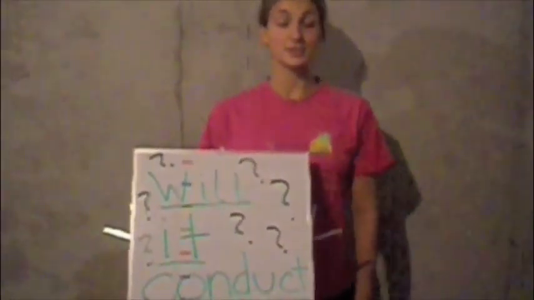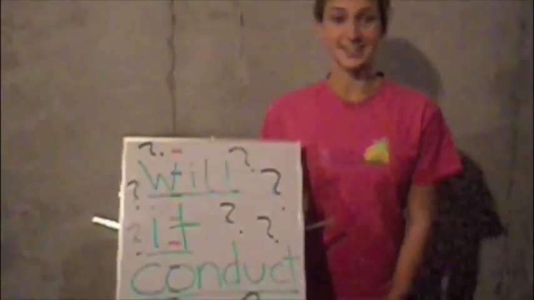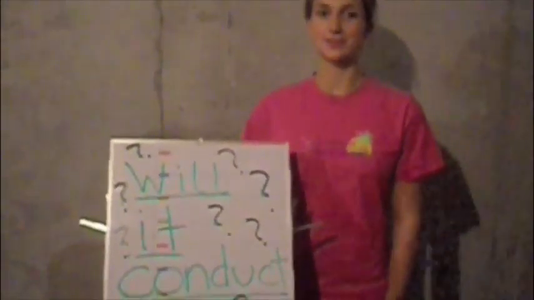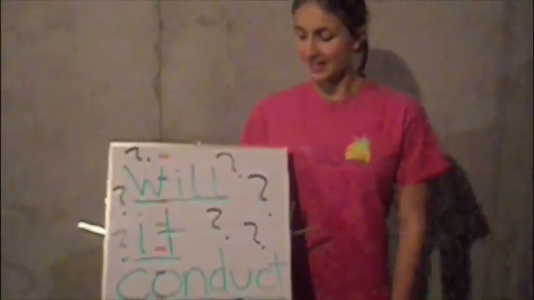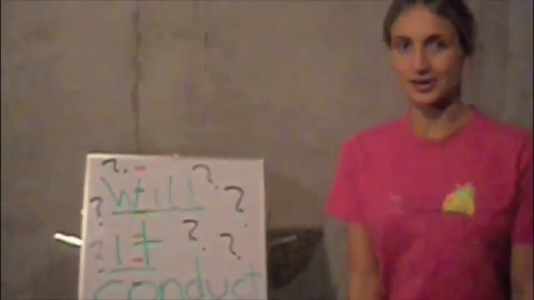It's time to play Will It Conduct! For this week's episode of Will It Conduct, we have plucked a random freshman from the very halls of Park Hill High School and asked him to say whether or not he thinks each of these 8 items will conduct.